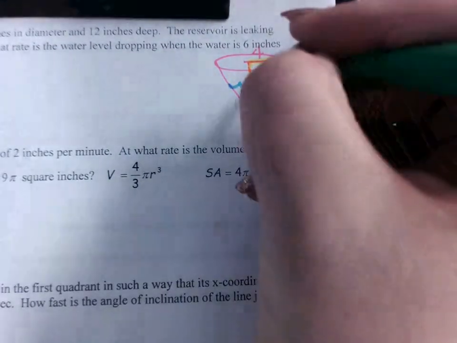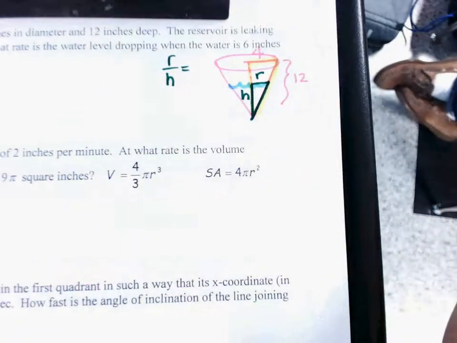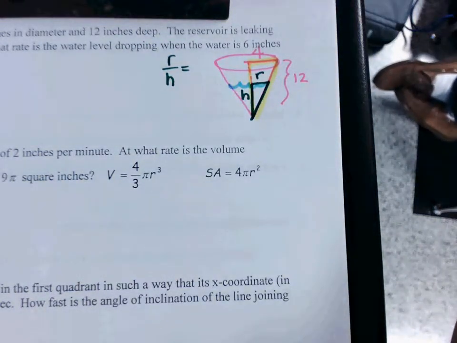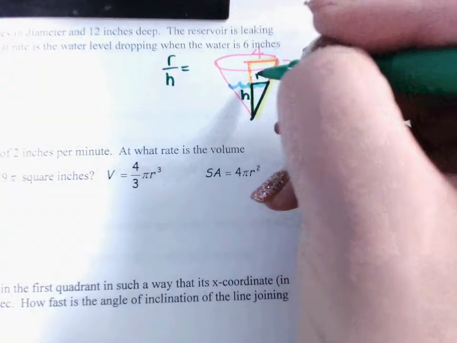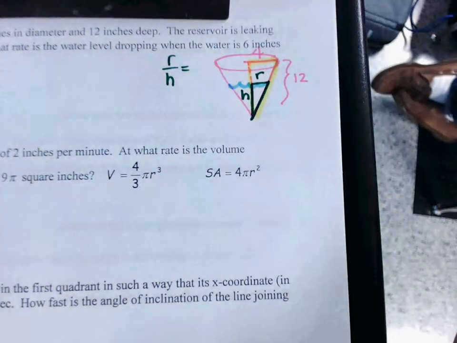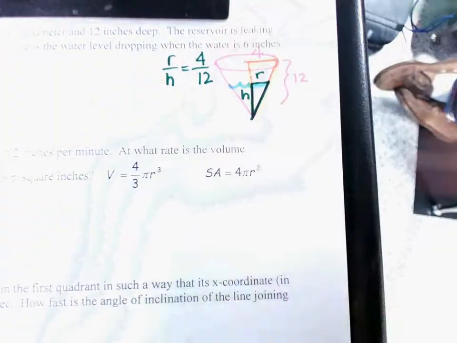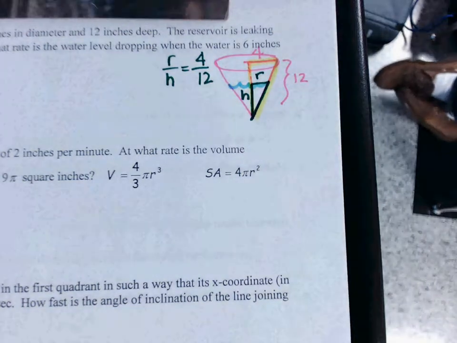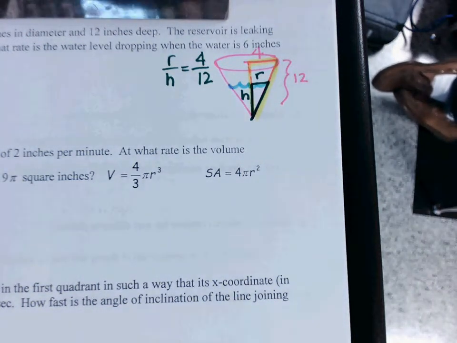So I'm going to put r over h for my little triangle equals, and then what would the sides be of the big yellow triangle? I have to go in the same order. So if it's radius over height, it would be 4 over 12. Now, if I want h, then I need to solve for r so that I can take r out.